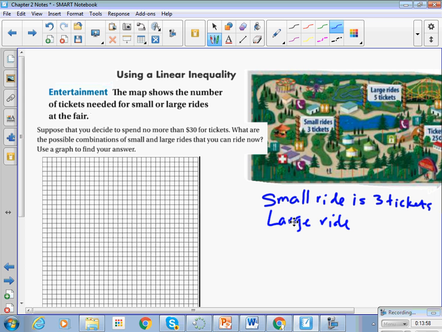You don't have to write "the map shows," you just write small ride is. And then you spend no more than $30 for tickets. Just the essential information. Otherwise, when you look back at this, you will say, I have no idea what I wrote down. Large ride is 5 tickets.